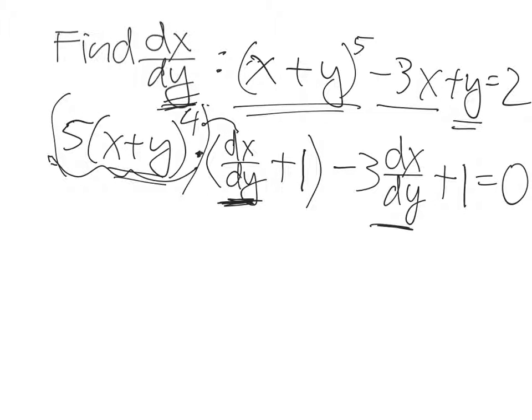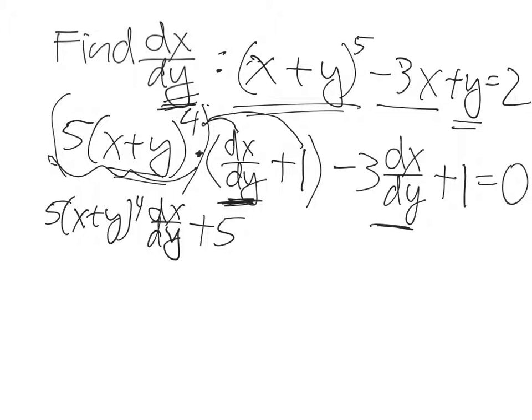We'll have to multiply it through these parentheses. So that times the first term plus that times 1. Thank goodness it's just 1. And then we'll have that.